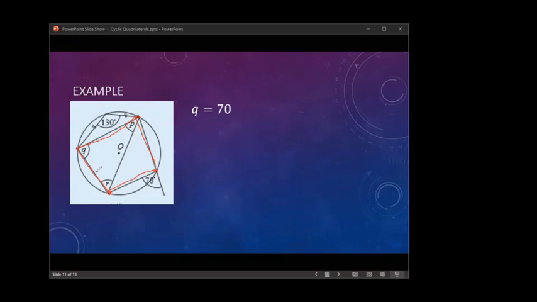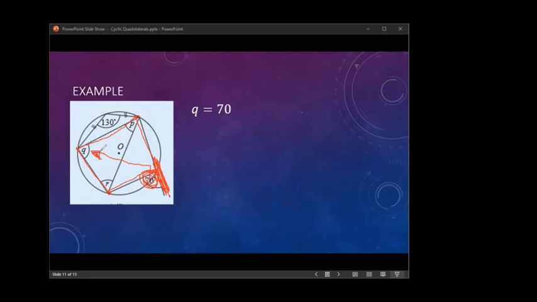The theorem we just discussed says that if any side is produced in this cyclic quadrilateral, and we have produced this side, the exterior angle so formed here is equal to the internal opposite angle.